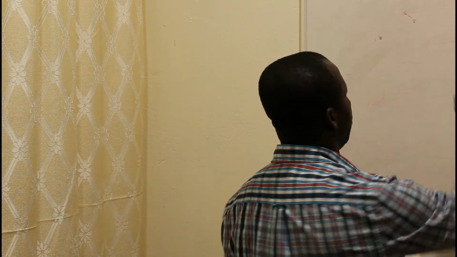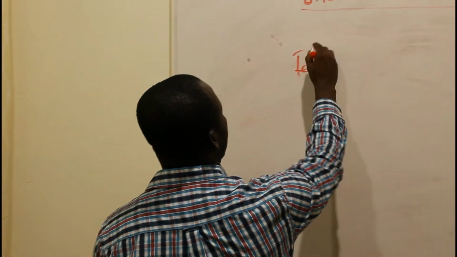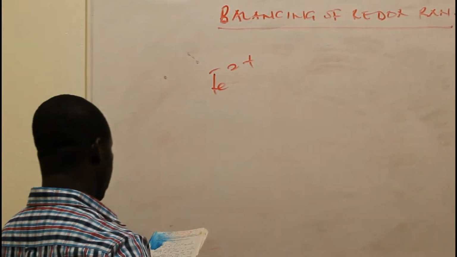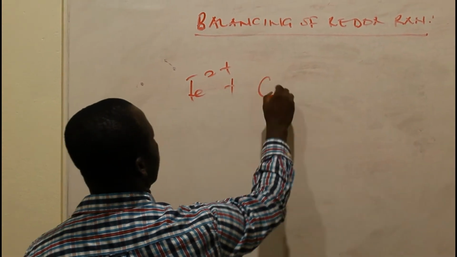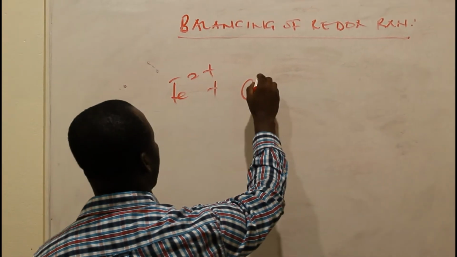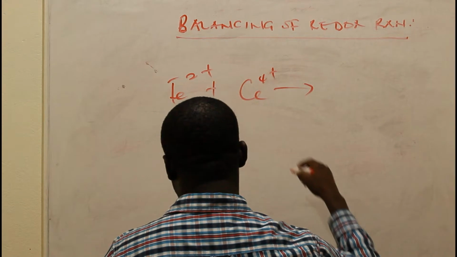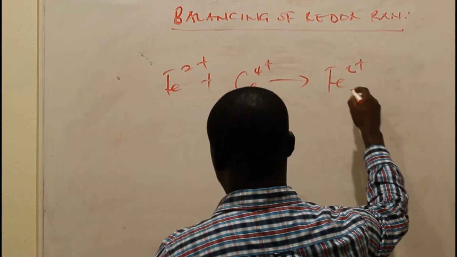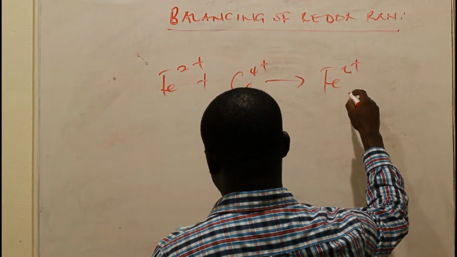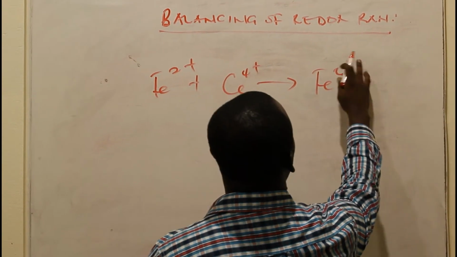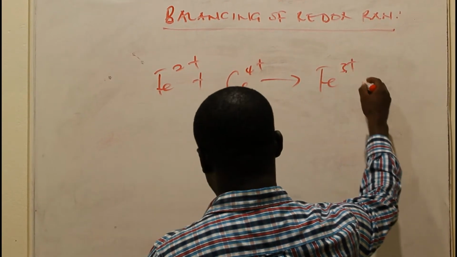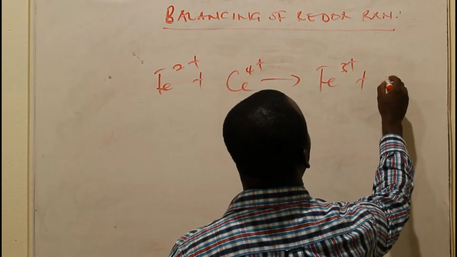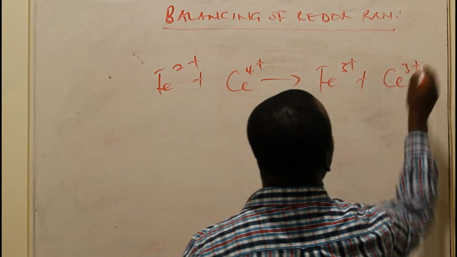Now, let's look at this example. We have Fe2+ and selenium ion 4+ to produce Fe3+ plus this.